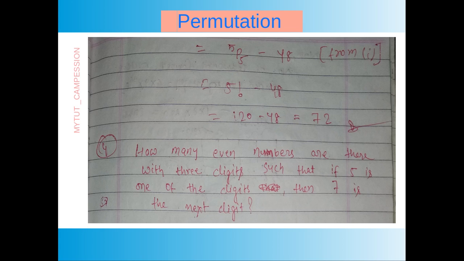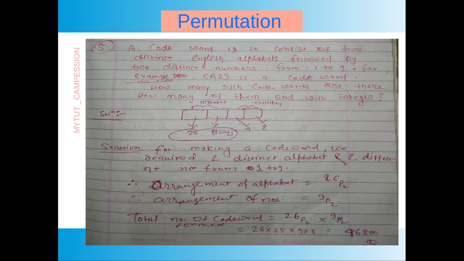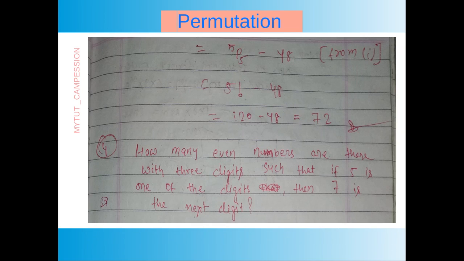Think how many even numbers can be made. Think and solve. This is a very good question. How can you create even numbers of 3 digits such that one of the digits is 5 and its next digit is 7.